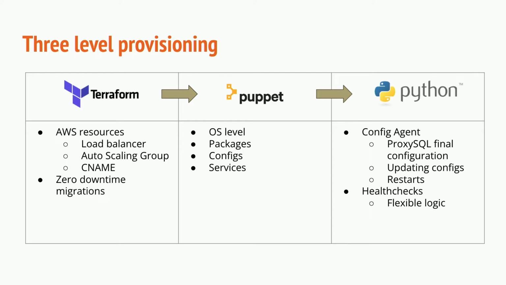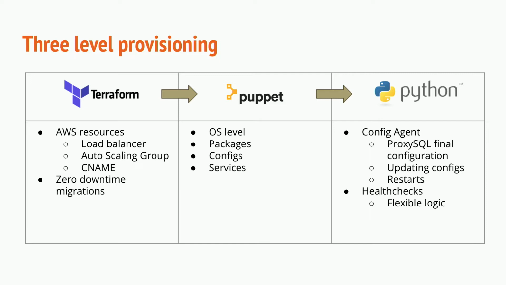We do not rely on Puppet a lot, mostly because I don't know Ruby, but also it's not very flexible comparing to Python, and a lot of dynamic provisioning is done by Python software.